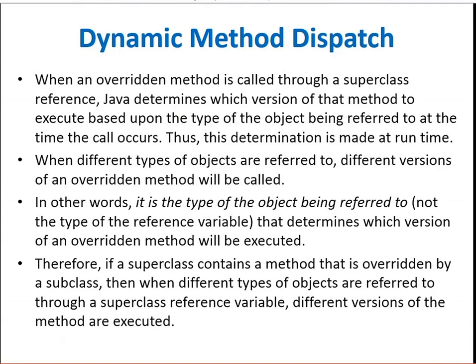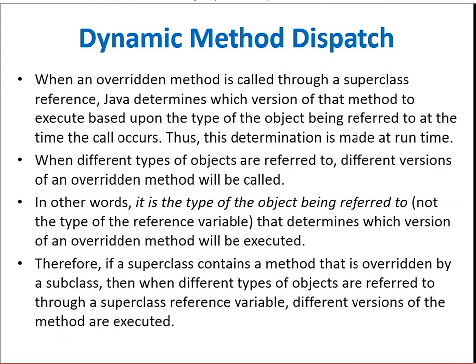When different types of objects are referred to, different versions of an overridden method will be called. In other words, it is the type of object being referred to that determines which version of an overridden method will be executed, the parent class's or the child class's, because the method name is the same in both.